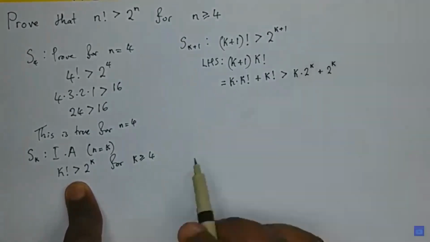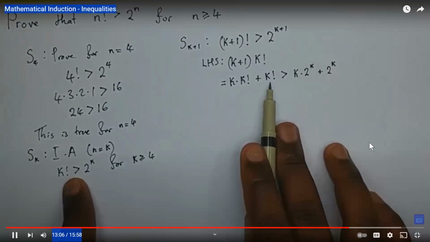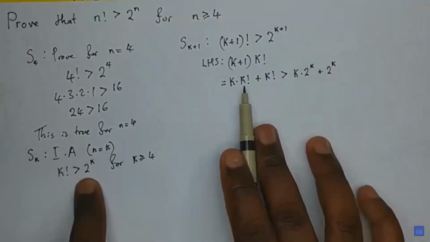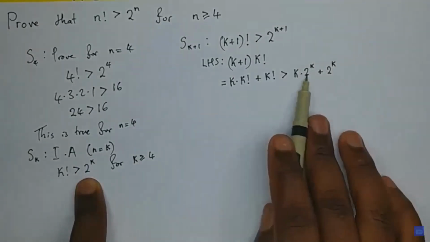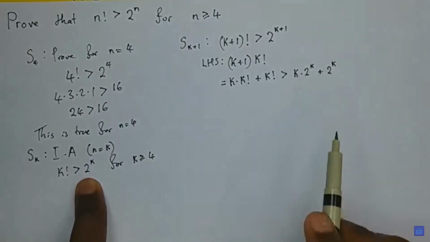Why have we done this? Because this inequality and this inequality are similar, in the sense that we are saying that k factorial is greater than 2 to the k, meaning that you can just replace this k factorial with 2 to the k, knowing that k factorial is greater than 2 to the k.